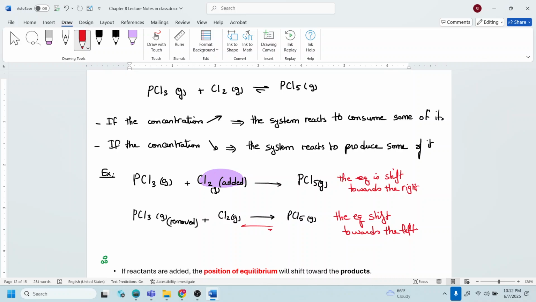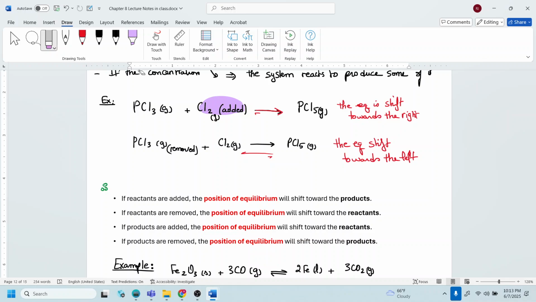For the first case, I'm representing it by an equilibrium arrow going to the right and a small equilibrium arrow going to the left. You can easily see over here that the reaction for the first one favors the products. The reaction for the second one favors the reactants. This means that I need to start with PCl5 as my reactant, and now the chlorine and the PCl3 are going to be my products.